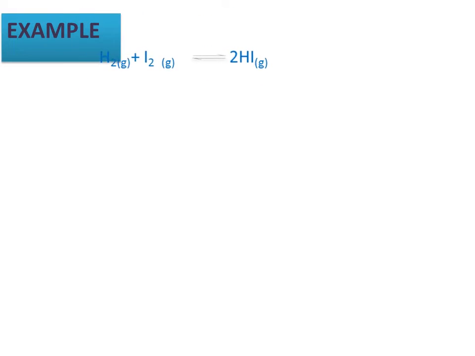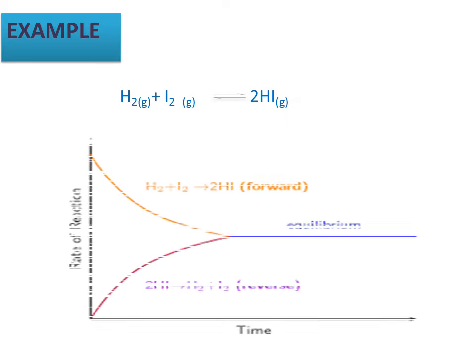And the example is, when 1 mole of hydrogen reacts with 1 mole of iodine, it will give us 2 moles of hydrogen iodide. You can see this graph. In this graph, the orange line shows the forward reaction.